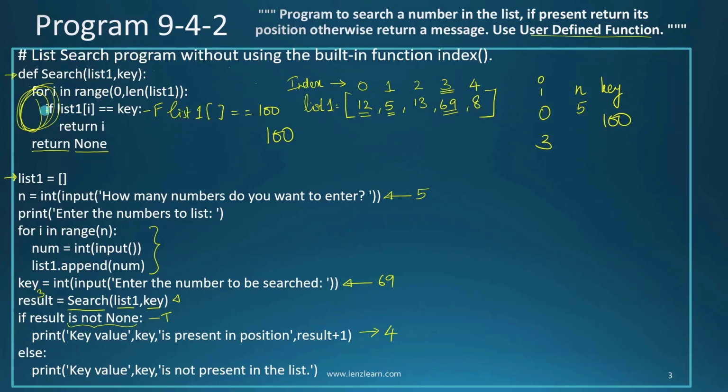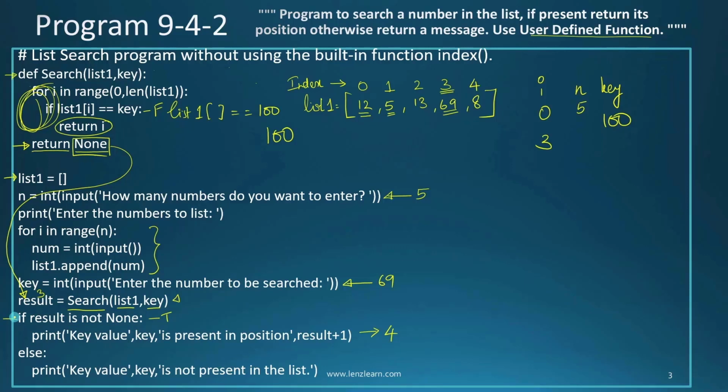So once the for loop is finished without executing this return statement, it means that the key which you are searching for inside the list is not available in the list. So in that case, you will call this final return statement and you will be returning the value none. So in that case, none will be loaded into the variable result.